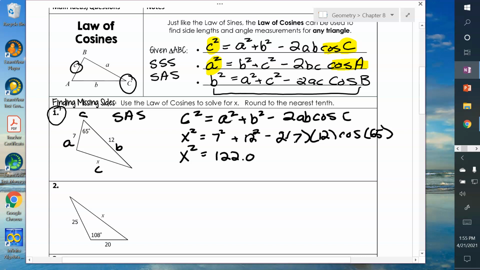And so now all I have to do is square root that. And I got x equals 11.0. I'm doing the 0.0 because I had to round. So that's how I would solve for that side length.